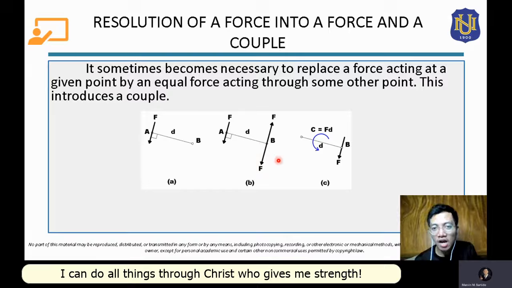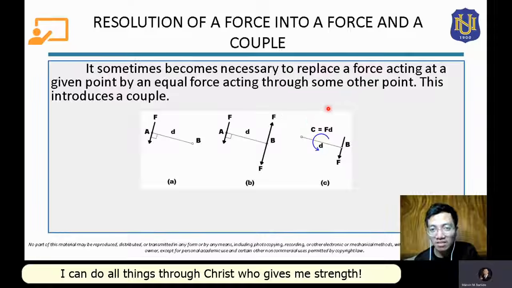From here, we can notice that the force F that we added and our original force F will actually produce a couple, right? This produced couple we can rewrite this way. Meaning, if we transfer this force F from point A to point B, it will produce a couple.